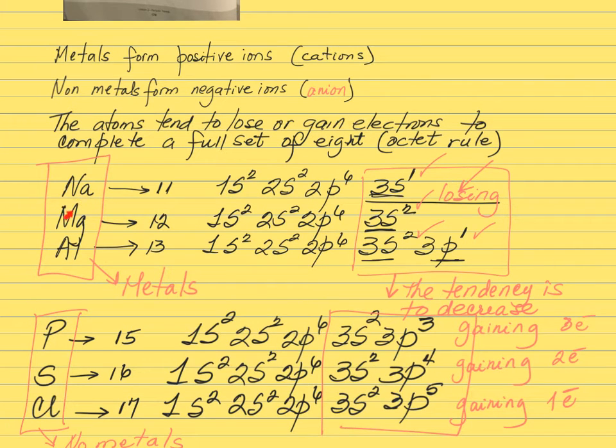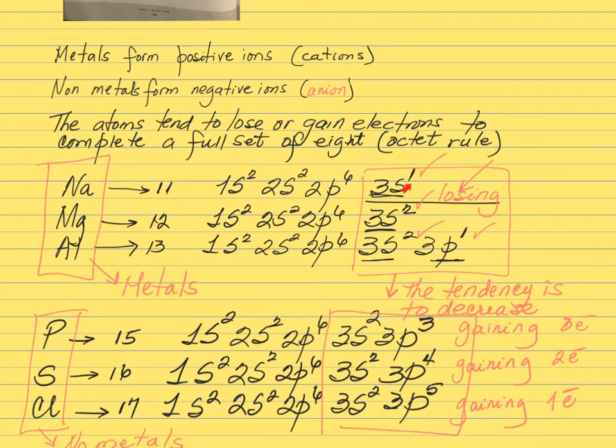When you move from left all the way through the right, but still within the metals, remember that the tendency of the metal is just to lose electrons. Why? Because it's easier for them. Remember that they are going to be following the octet rule. And when you analyze over here, you have only 1 valence electron.